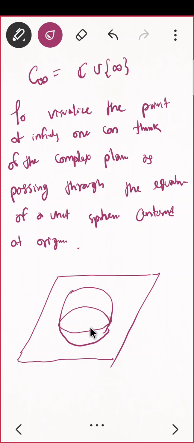The equator, that is the mid part, is lying on the plane. This is my complex plane, say C.